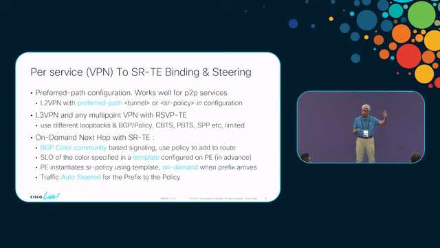It looks at the color community and realizes it needs an SR policy to be instantiated at that time. There is a template that tells, for that color, what the behavior is, or what SLA should be adopted, what the constraint is, things like that. Looking at the template, it'll bring up a policy on demand, as well as in the forwarding table, it'll steer any traffic that is going to that VPN prefix into the tunnel.